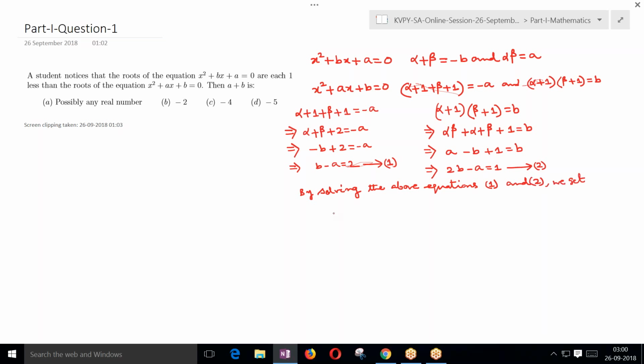Now, according to the question, we are supposed to find the value of a plus b, so a plus b is equal to minus 4, and we get the correct option as C.